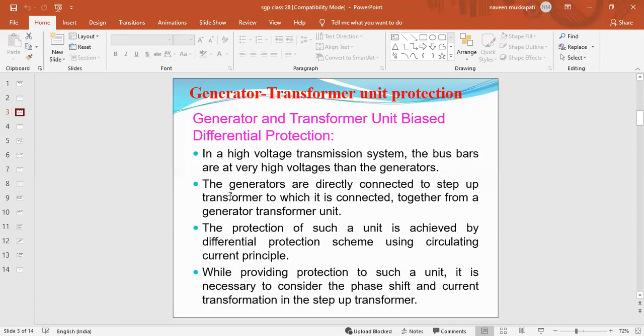That is called the generator transformer unit.